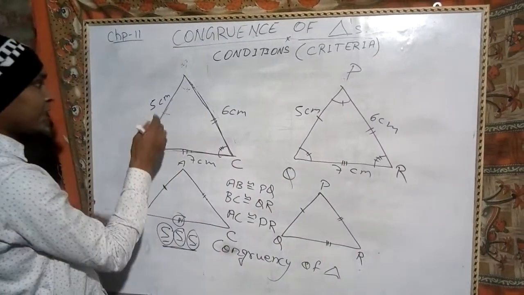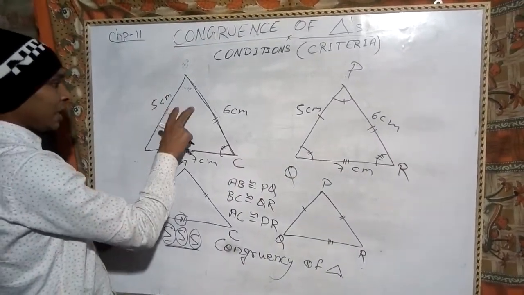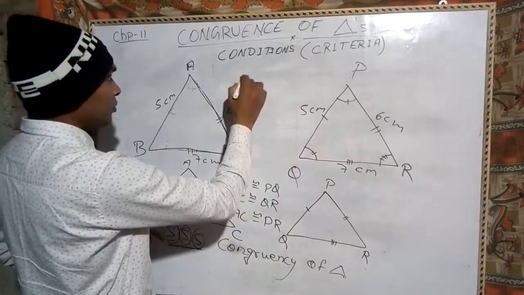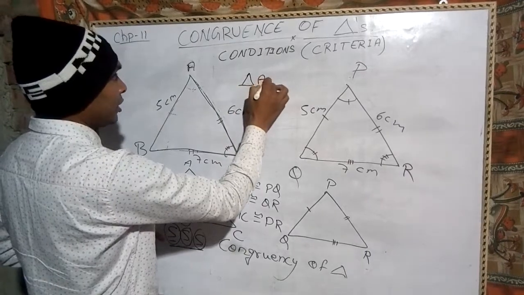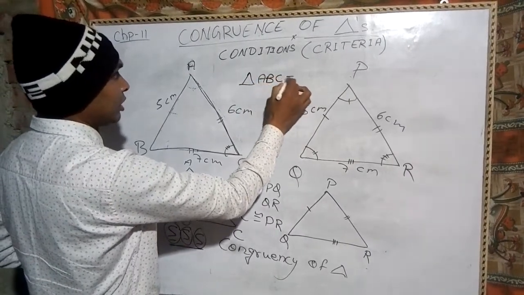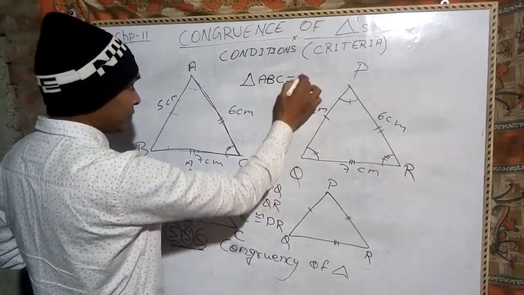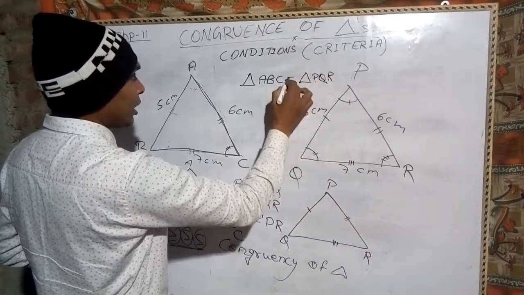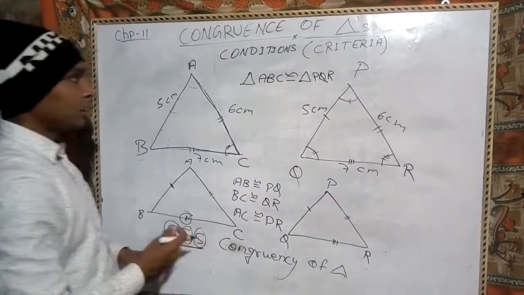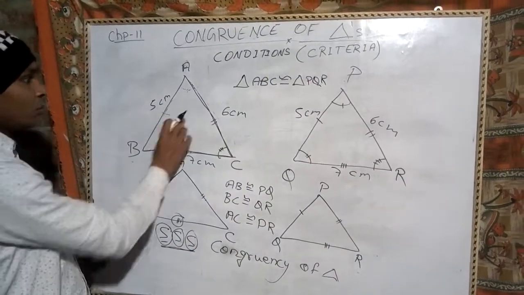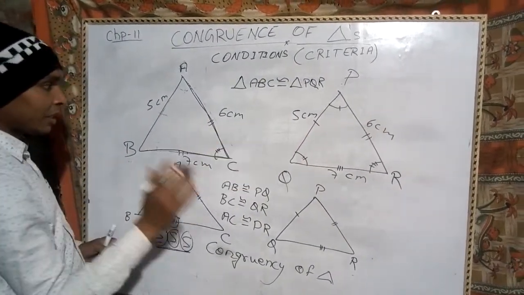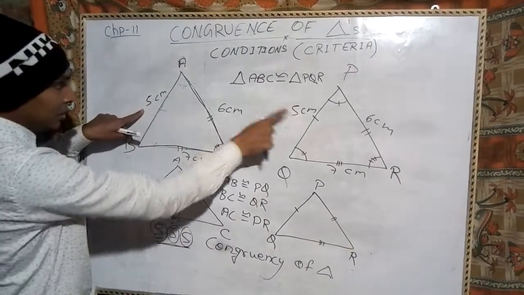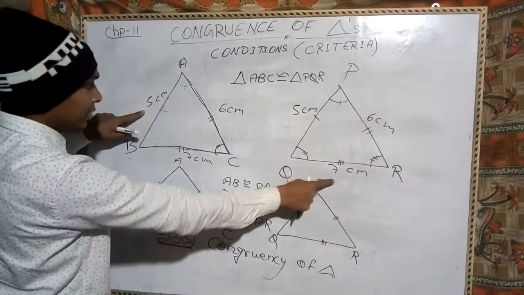So we can say that triangle ABC is congruent to triangle PQR. Both triangles are congruent according to triple S, side, side, side.